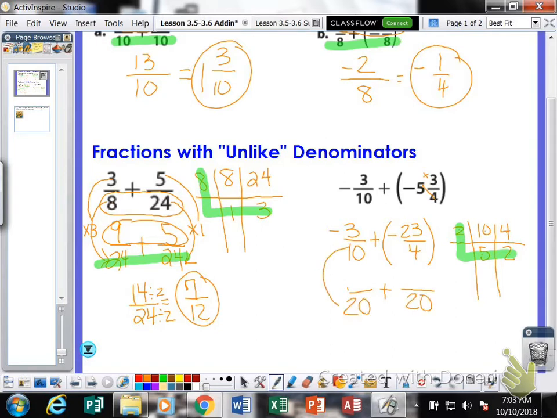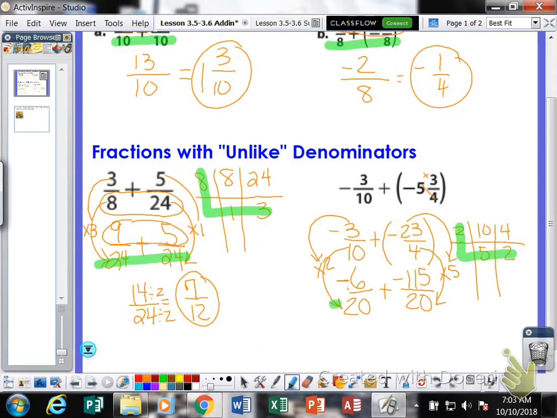How did I go from the 10 to the 20? I multiplied by 2. So I got to take negative 3 times negative 2, and I get negative 6. How did I go from the 4 to the 20? I multiplied by 5. So I got to take 23 times 5. So negative 23 times 5 would be negative 115.